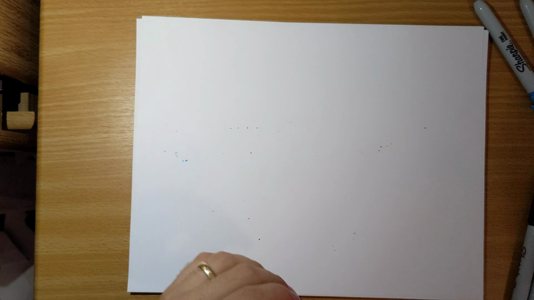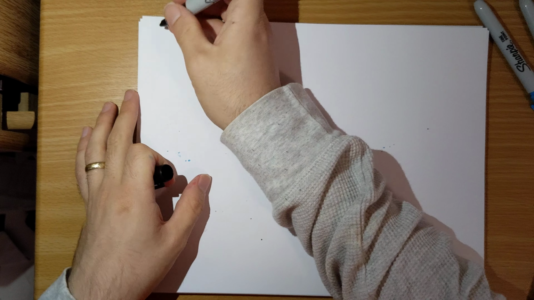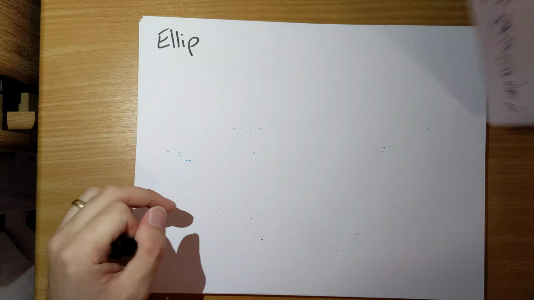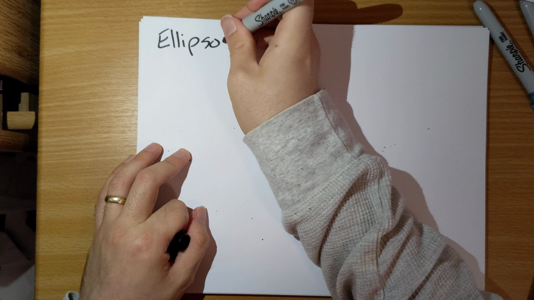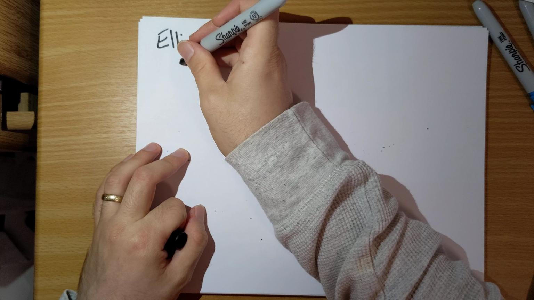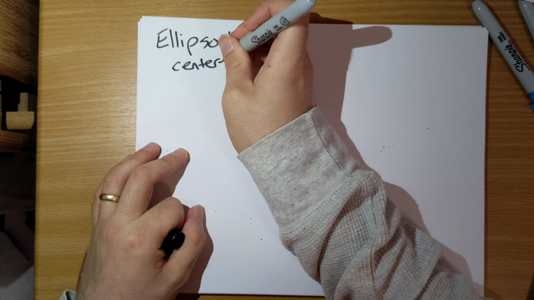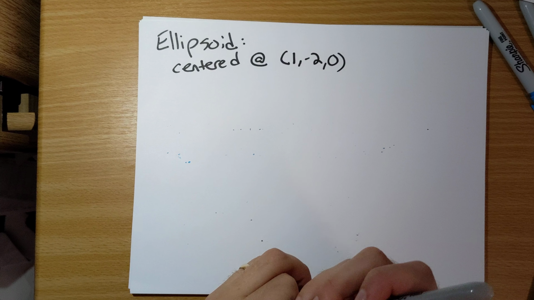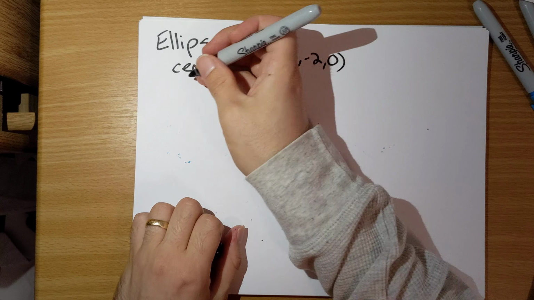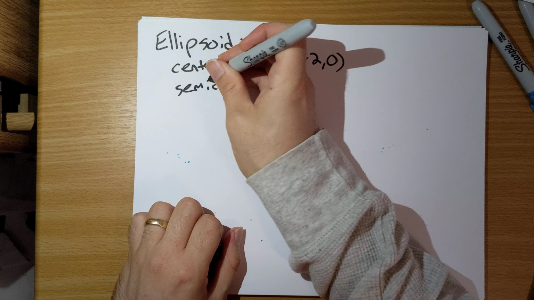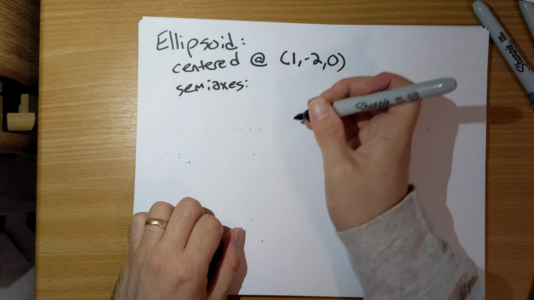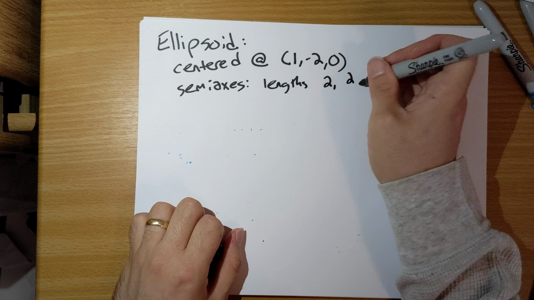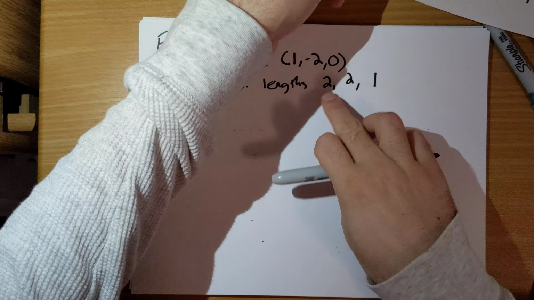So we want to identify the surface. What is it? It's an ellipsoid. It is centered at the point 1, negative 2, 0, and its semi-axes have lengths 2, 2, and 1. Where do we come up with 2, 2, and 1?